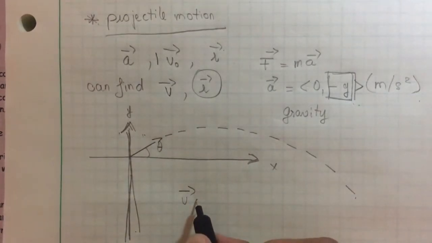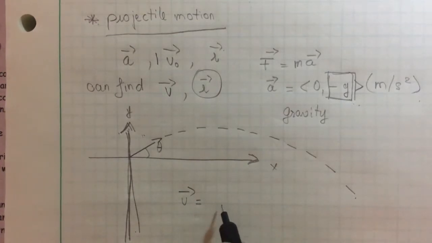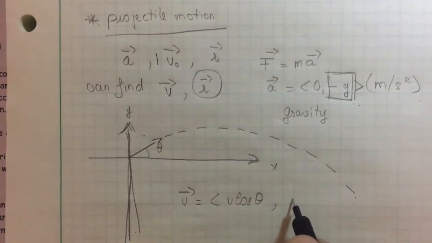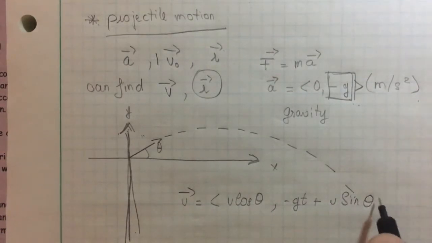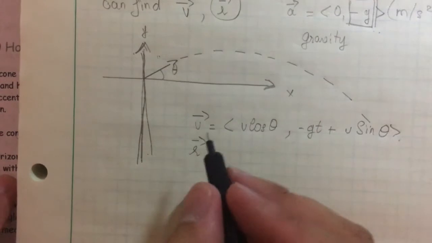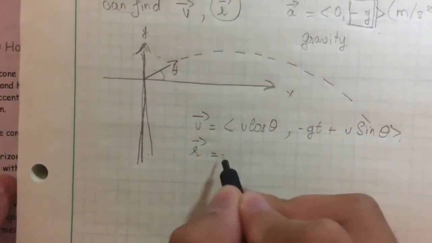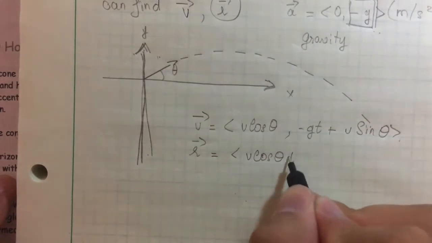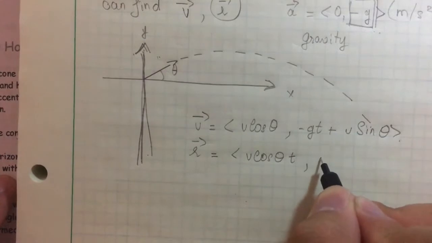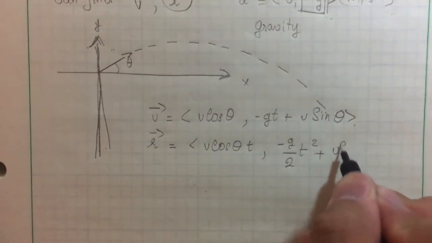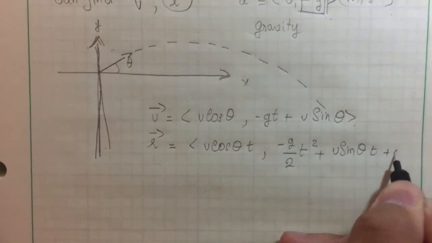We have the velocity vector equal to v cosine of theta, negative g times t plus v sine of theta, and the position function is going to be v cosine theta times t, minus g over 2 t squared plus v sine theta t plus y naught.